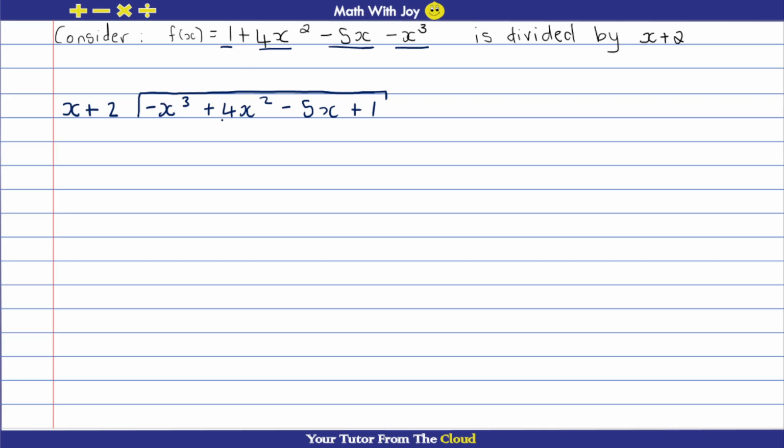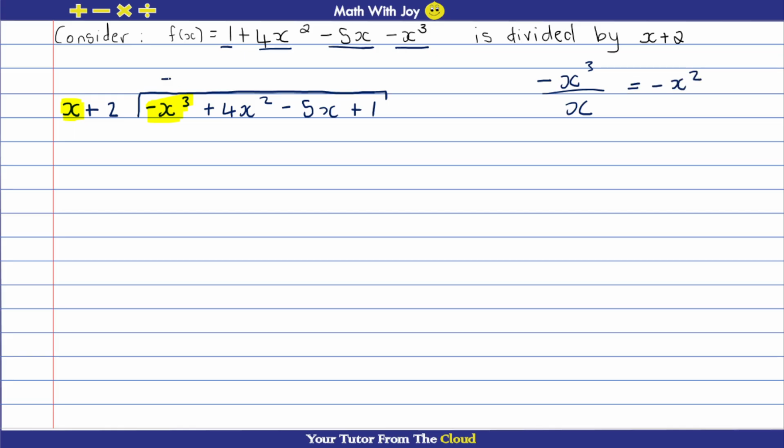We need to start performing long division. The way you do long division is you take this term and divide it by that term. So the term with the x out here will divide the first term inside the house. So we have minus x to the power of 3 divided by x, and you know that's going to give you negative x squared.